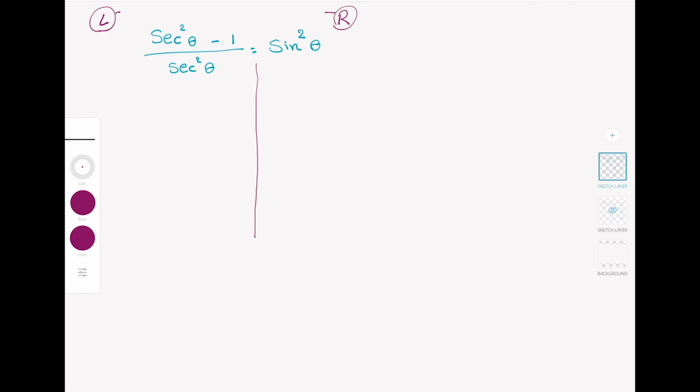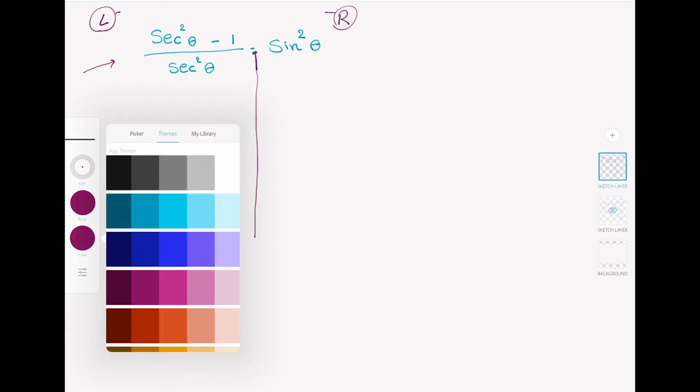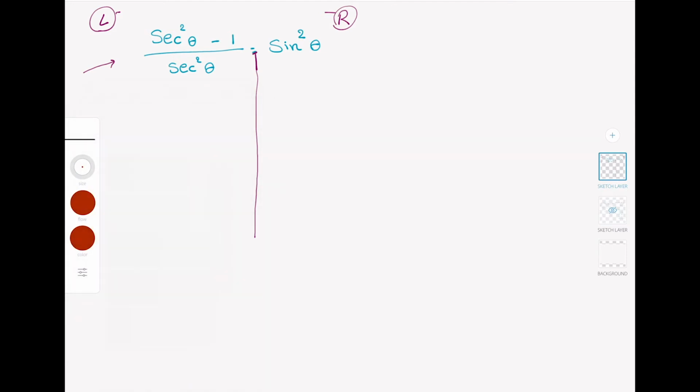The right hand side only has sine square. So if we start from here, there are so many ways to get to the other side. I would like to break it down like this. I would like to say secant square of theta over secant square of theta minus 1 over secant square of theta.